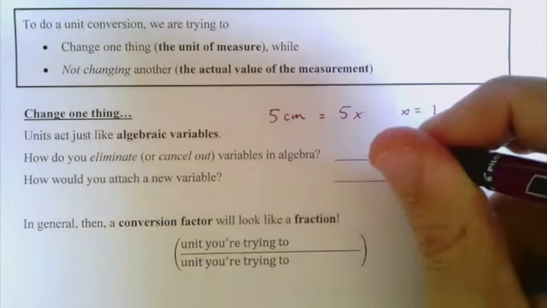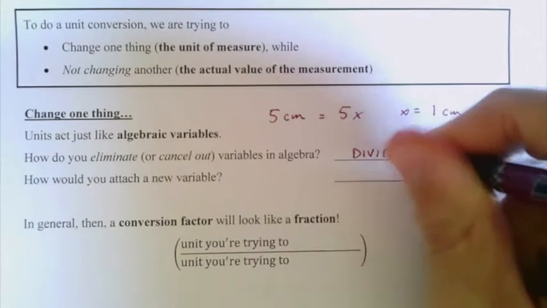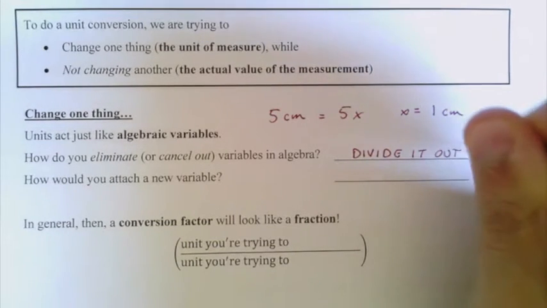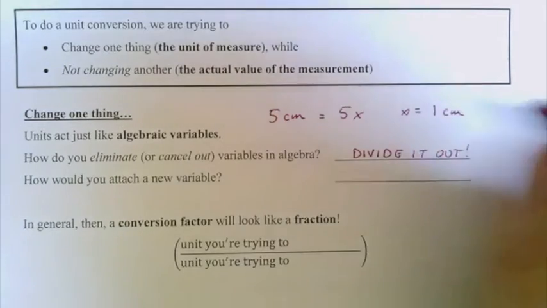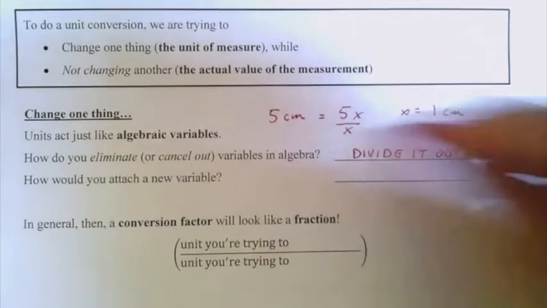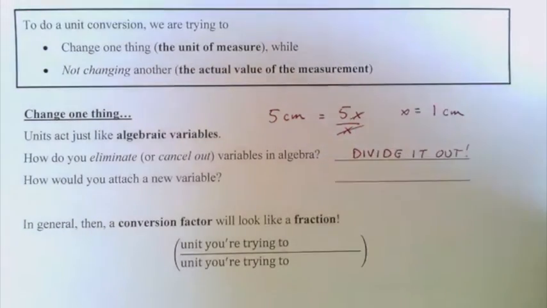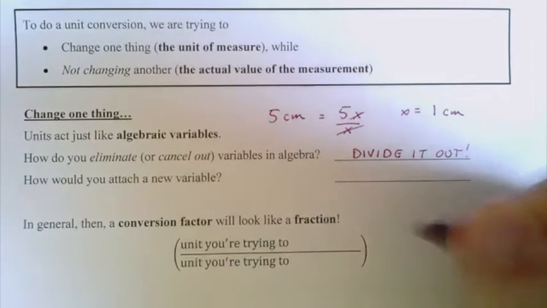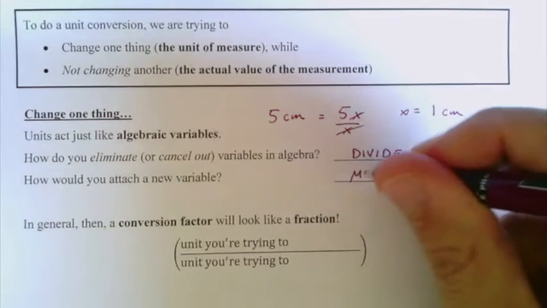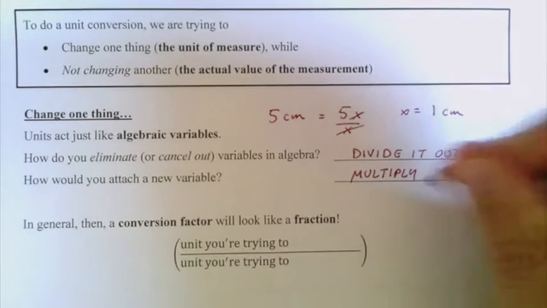Okay, I hope what you came up with is you divide it out. Right, so if I want to get rid of this x, I might do something to the equation that allows me to divide by an x, and then it disappears. Similarly, if I want to attach a new variable, what I'm generally doing is multiplying it in.